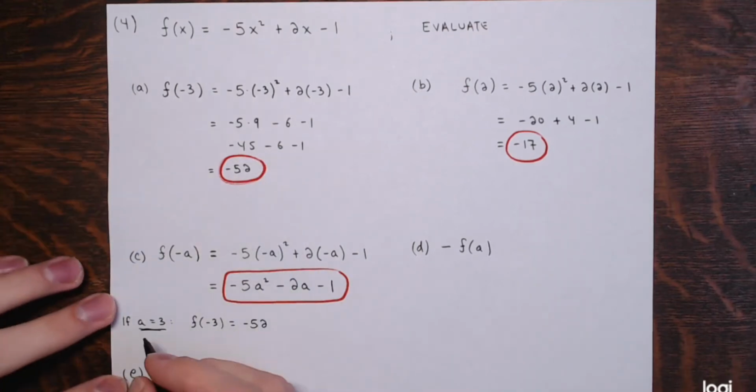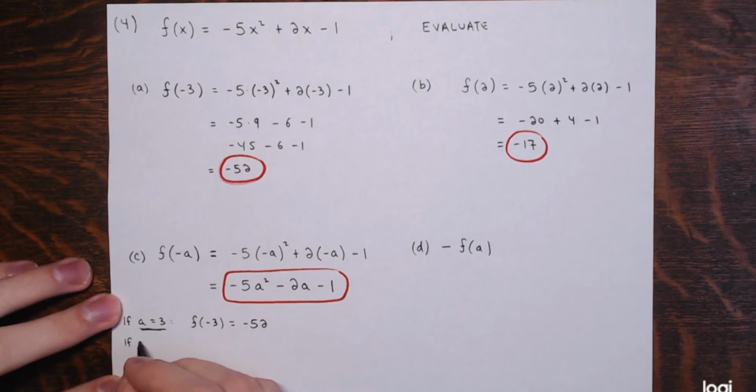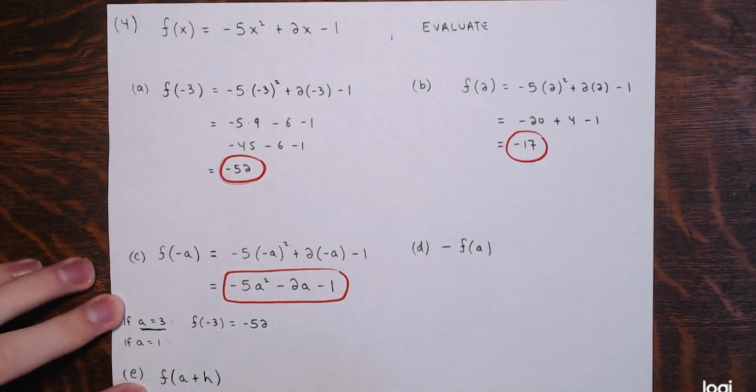Right. How about if a were 1? I can replace a with any number, just like I replaced x with any number. Well, if I replace a with 1, this would be f of negative 1. And 1's a would be negative 5, and then minus 2, minus 1. This would be negative 8. Let's see if that's true.